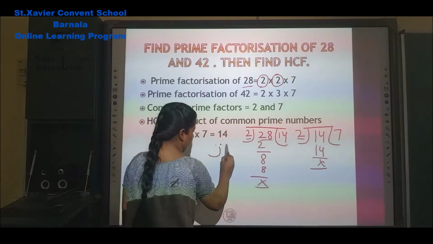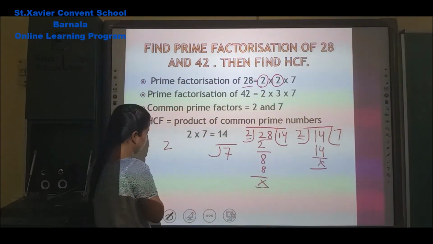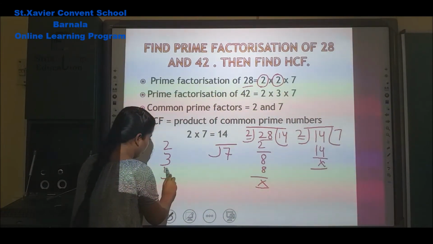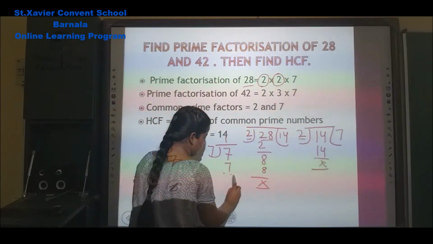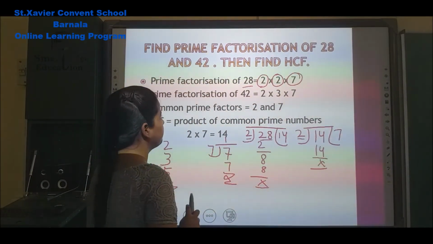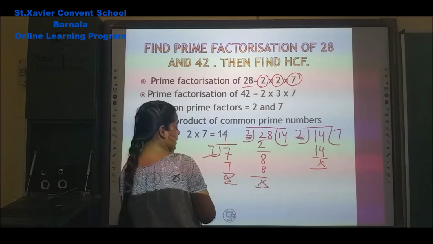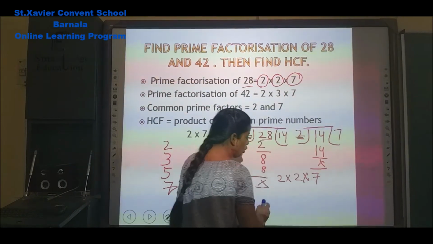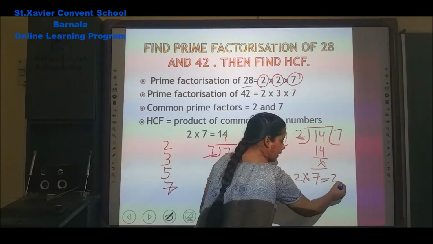Next we divide 7. 7 is not divisible by the prime number 2 or 3. So at last we divide 7 by 7, which is equal to 1. So the prime factorization of 28 is 2 multiplied by 2 multiplied by 7. 2 multiplied by 2 is equal to 4. 4 multiplied by 7 is equal to 28.